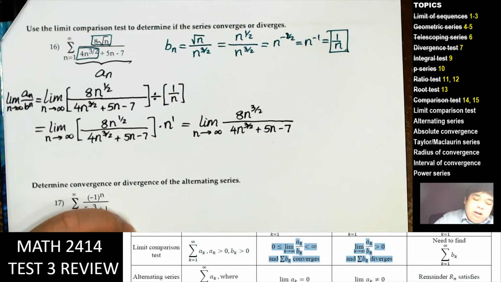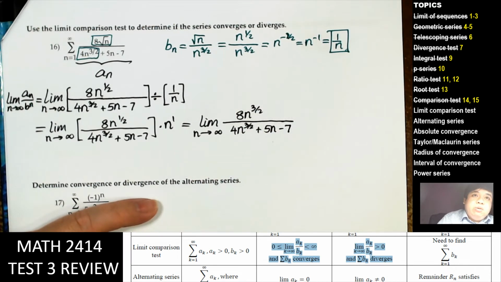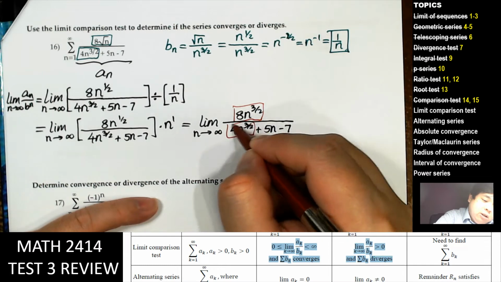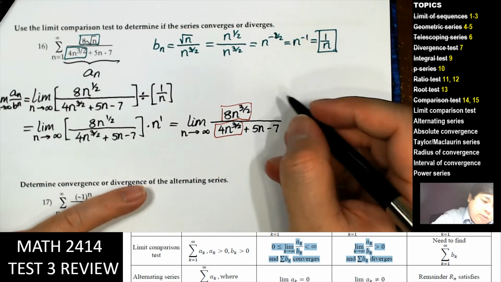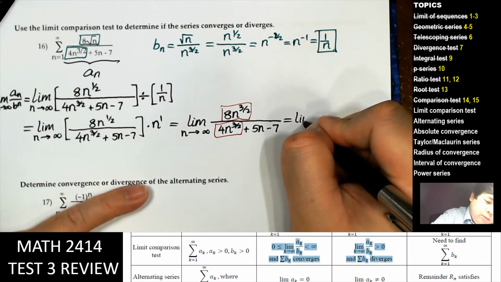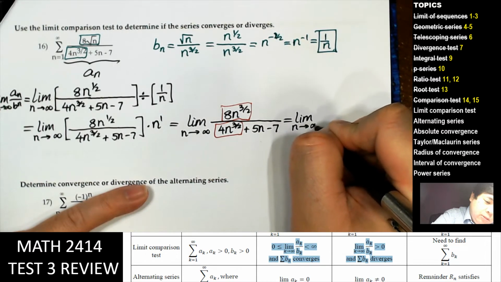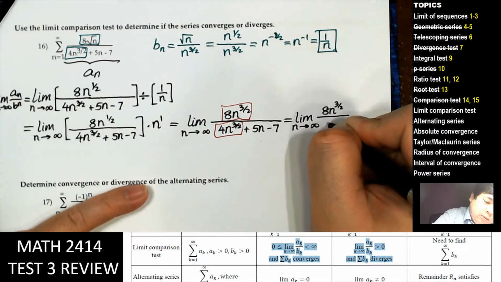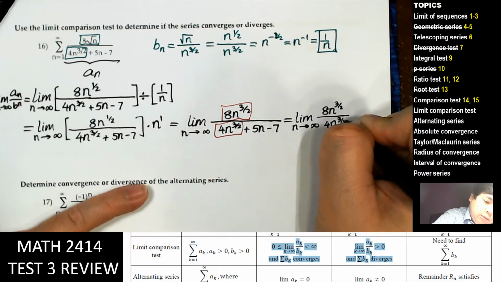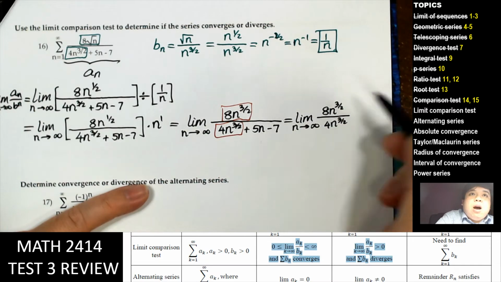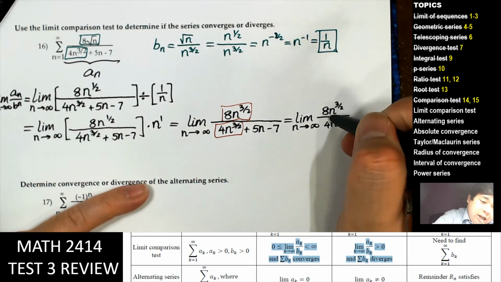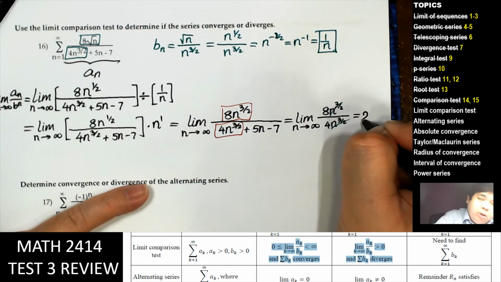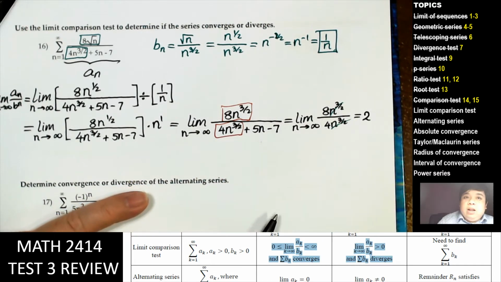Now, as n goes to infinity, the highest power term matters, so we're going to have that over that. Only the highest power term matters, and it cancels out. 8 over 4, so it will be 2. What happens if we have 2?